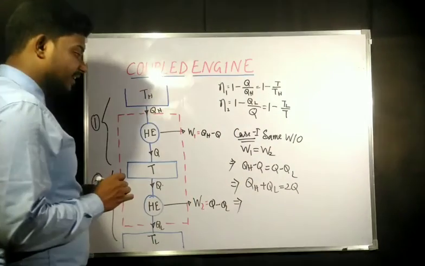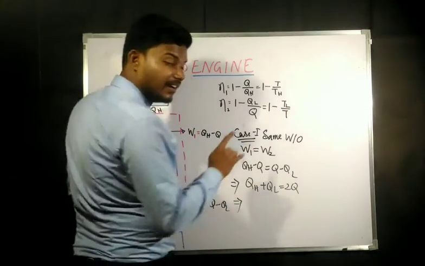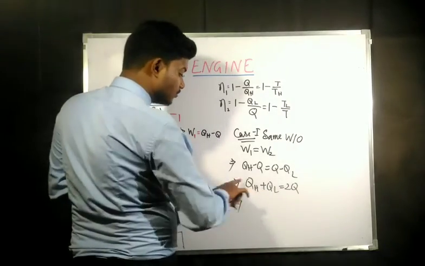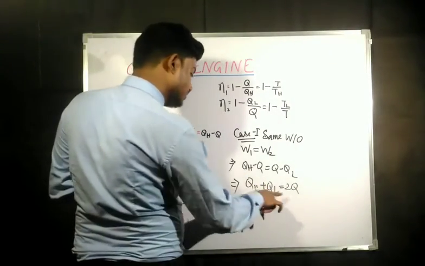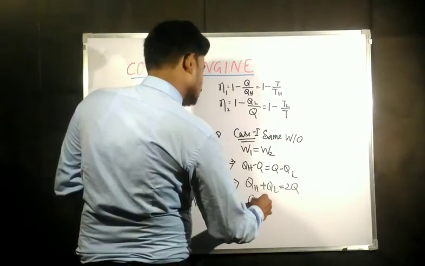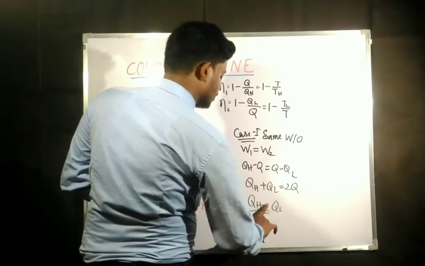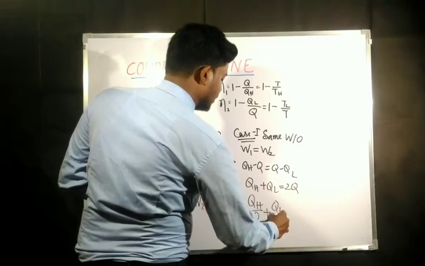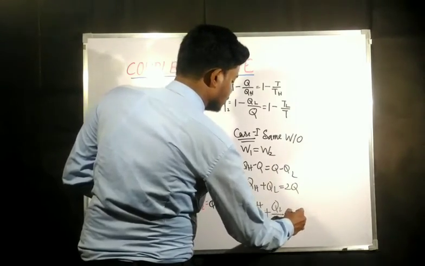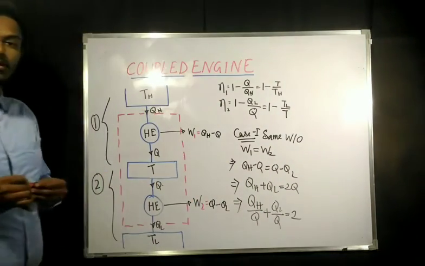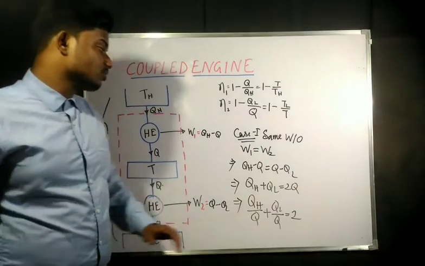Now let us divide by Q. In all these cases we are dividing by Q. So QH by Q plus QL by Q is going to give us 2.